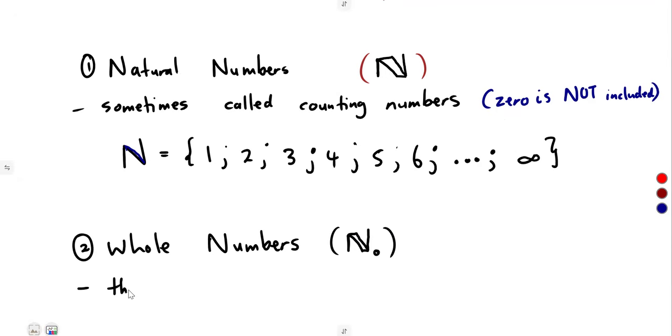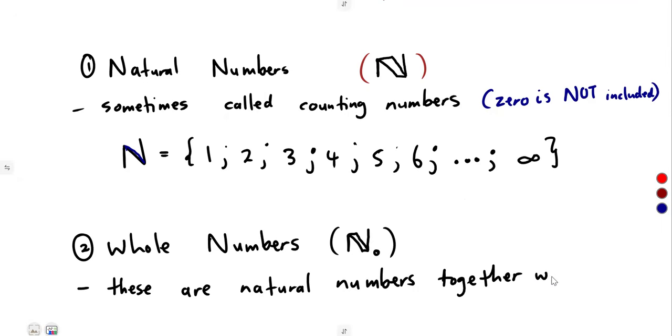All right, so let us just say these are natural numbers. These are natural numbers, including a zero. So we can say together with the zero.